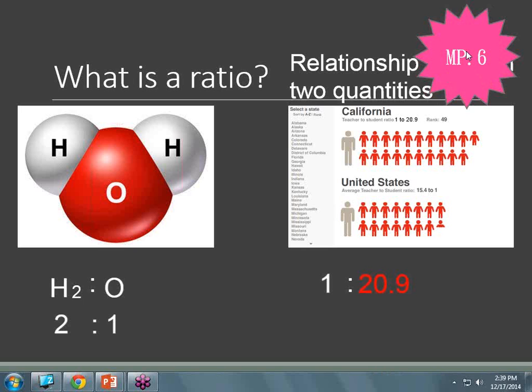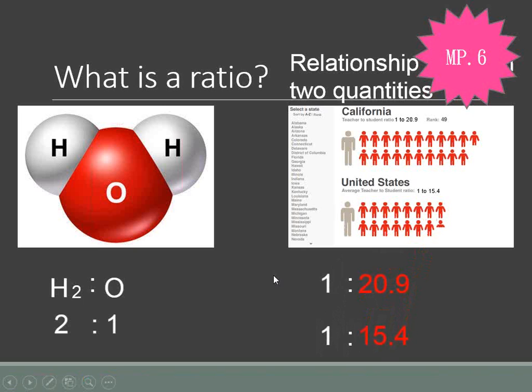And that was highlighted here in Mathematical Practice 6, the idea of attending to precision. Make sure that we're talking in a way that is accurate to our students. Yes, precision in vocabulary. And the second one they also got backwards, so we went ahead and fixed that one and said that nationally the teacher-to-student ratio is 1 to 15.4.